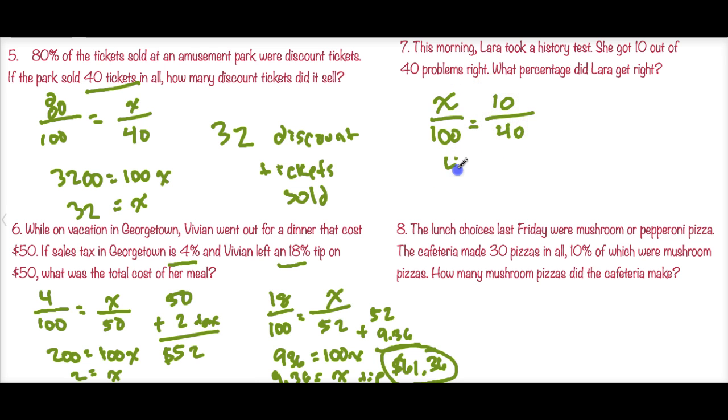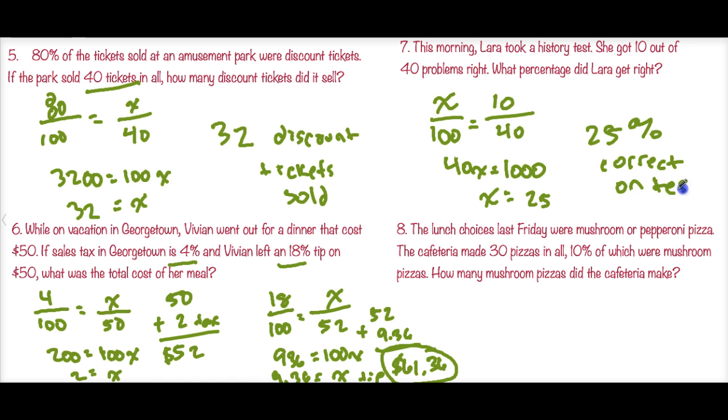So I'll cross multiply and I get 40x equals 1,000. And then X is going to be 25. So she got 25% correct on the test. So not a good thing, most likely.